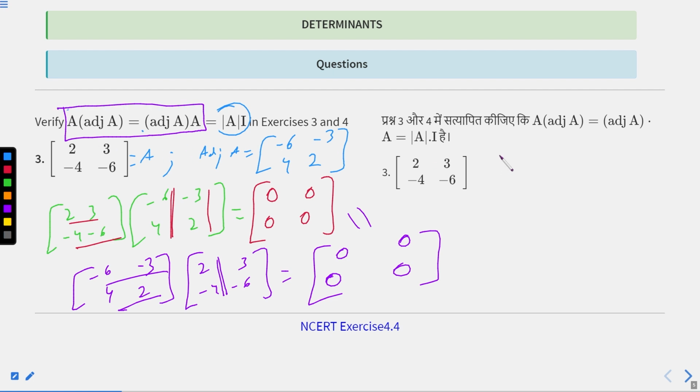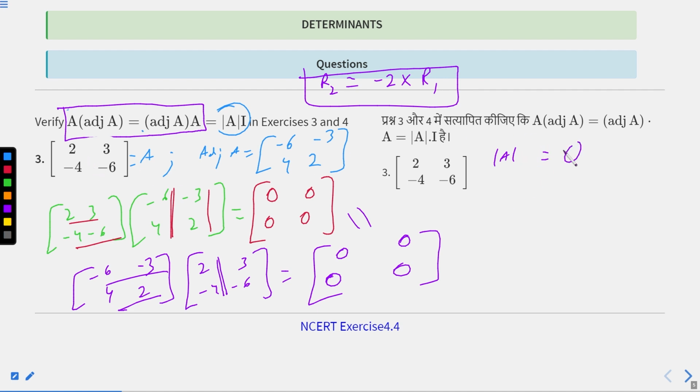Now what about determinant of A multiplied with I? First of all, let me find out the determinant of A. As you know, here this is row 1 and this is row 2, and row 2 is nothing but minus 2 multiplied with row 1. So whenever one row is a multiple of another, the determinant will be 0.